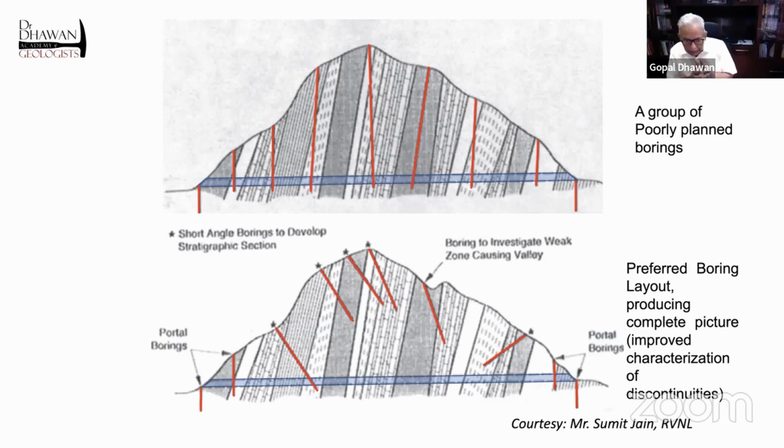So you will see that with shallower drill holes, we are able to collect more information about various lithologies. So every hole is not required to go to the tunnel grade. Some of the holes may go if it is so desired.